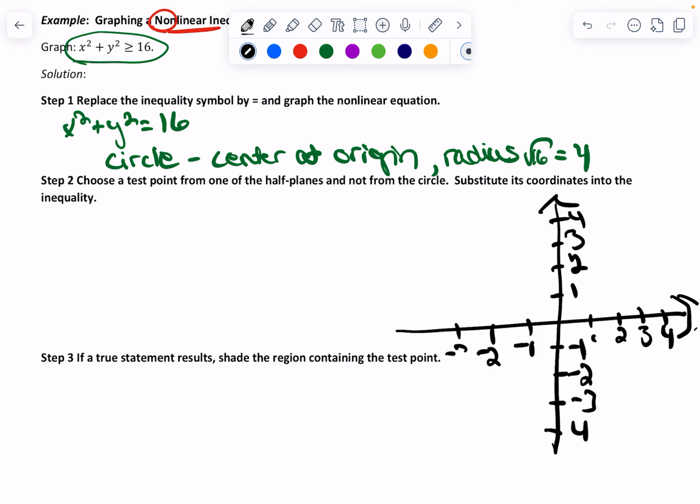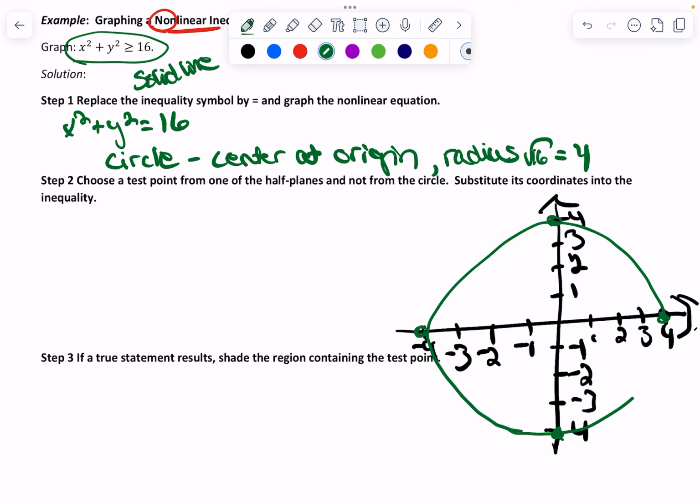Okay, so radius was 4, so we know that we're going to go through these points with origin being 0. And it is a solid line because it has that equal sign. And now my grid is not... that's good enough for a sketch.